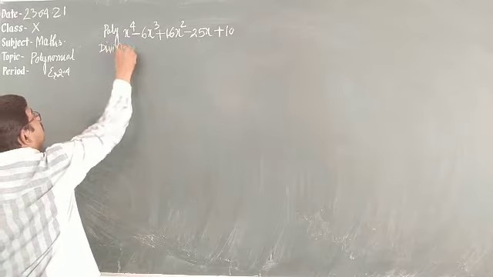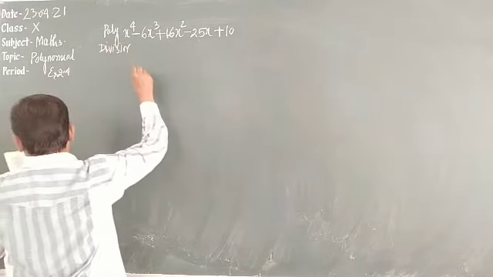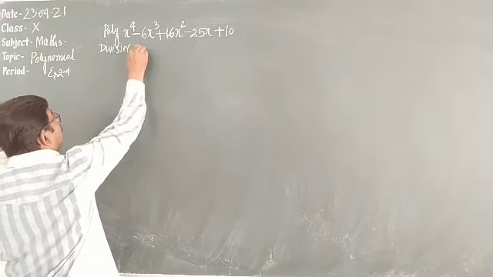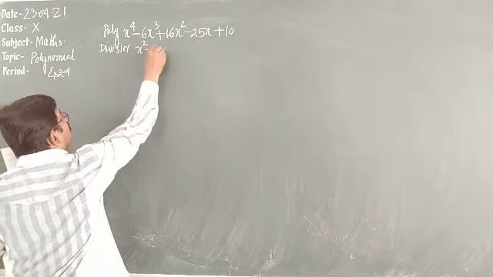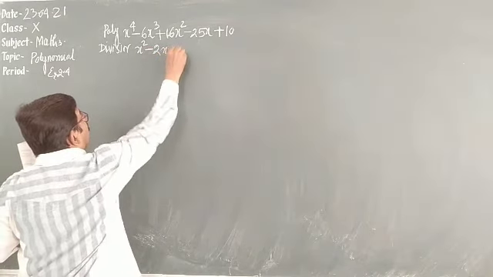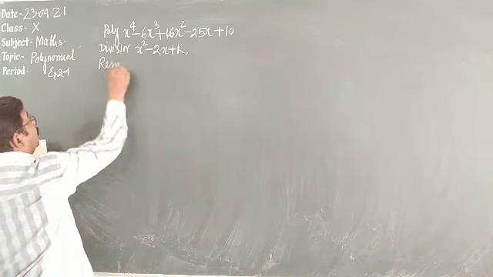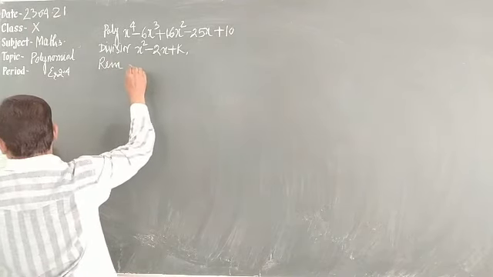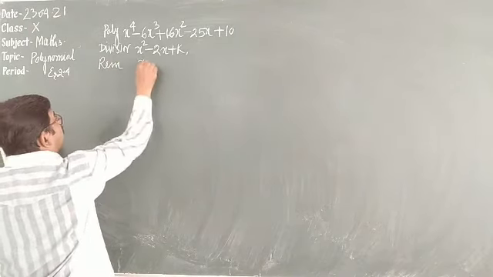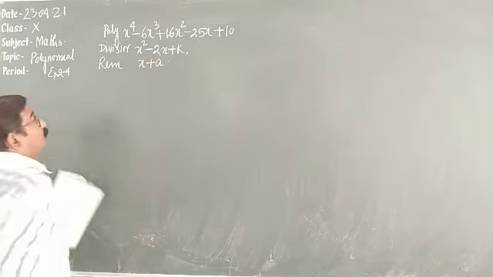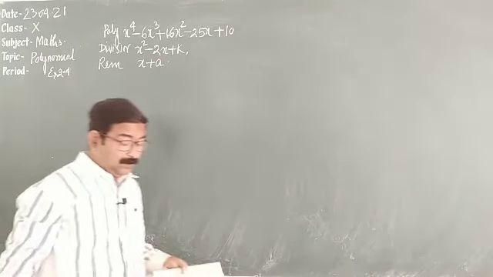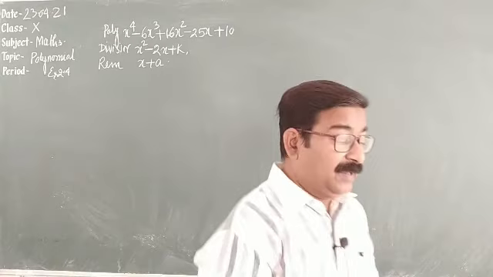Divisor is x square minus 2x plus k. Remainder is x plus a. So we have to find the values of k and a.